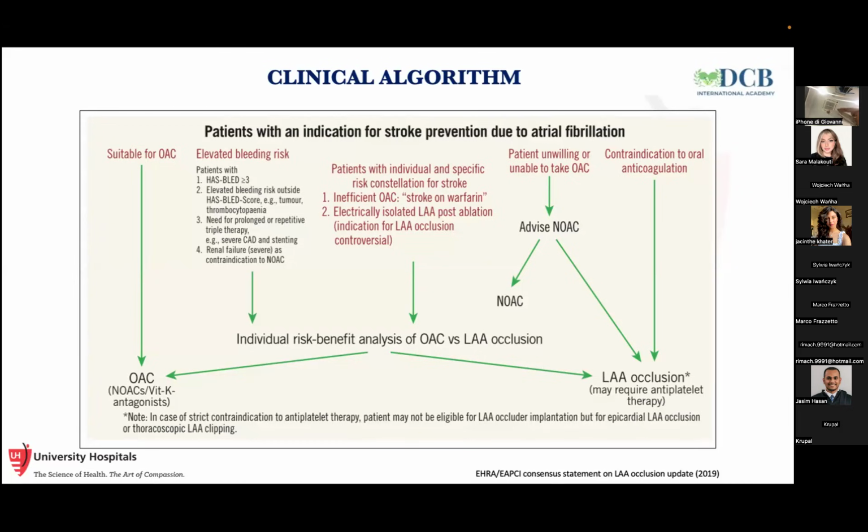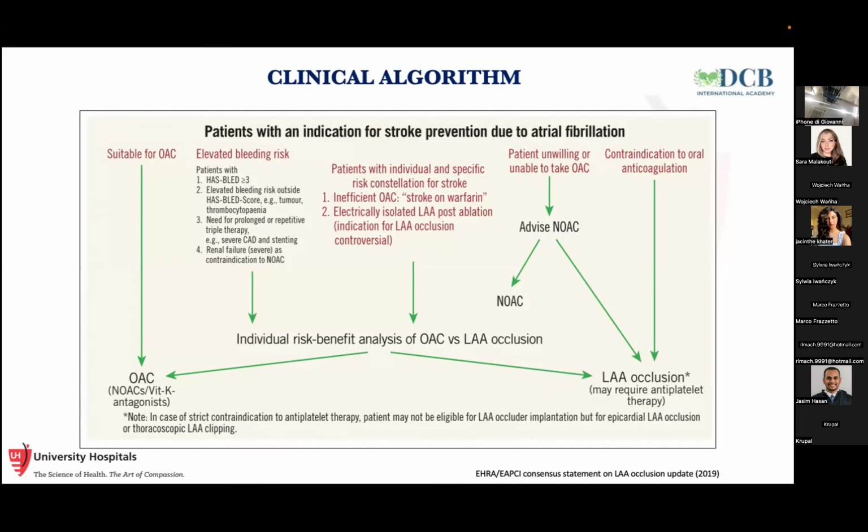In general, we can apply this type of algorithm for patients that are unwilling or unable to take oral anticoagulant therapy. Let's try to advise the anticoagulant therapy, and if the patient decides to refuse this approach, we can candidate him for left atrial appendage occlusion.